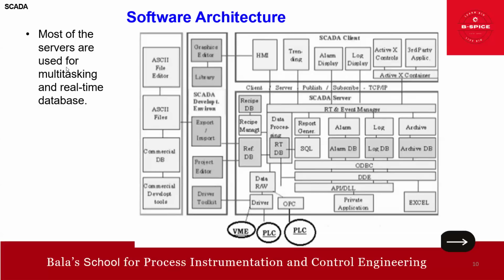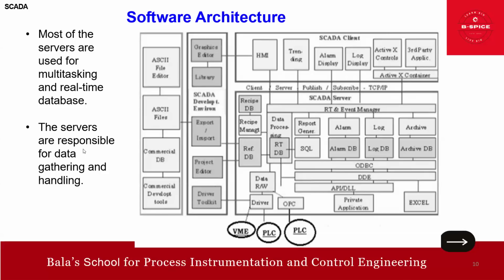Most of the servers are used for multitasking and real-time database. The servers are responsible for data gathering and handling. This we all know, right? So this is about the software and few more to add on.